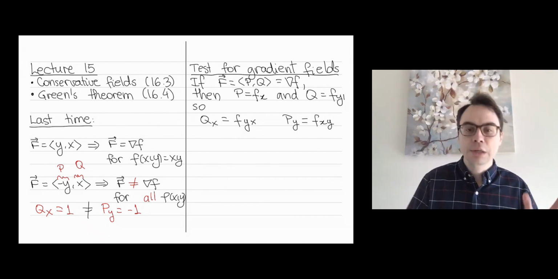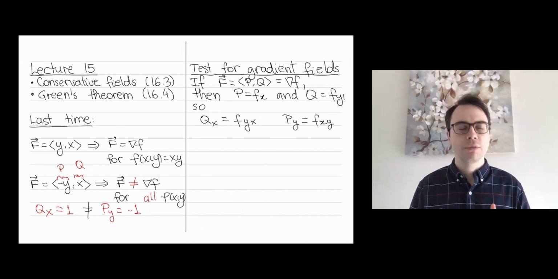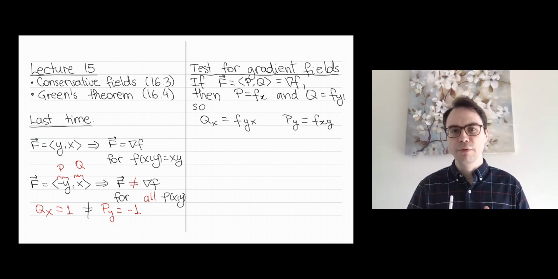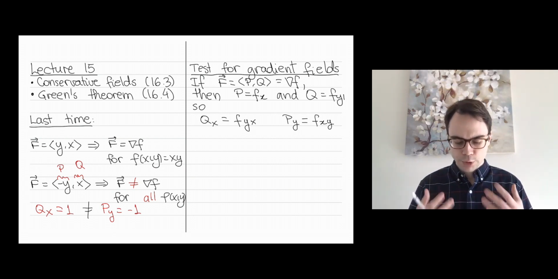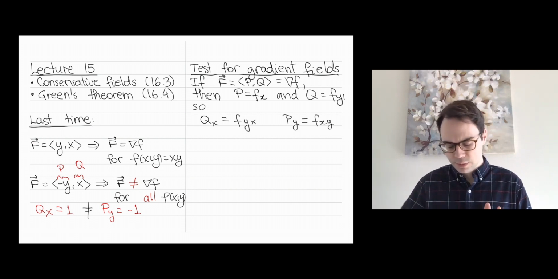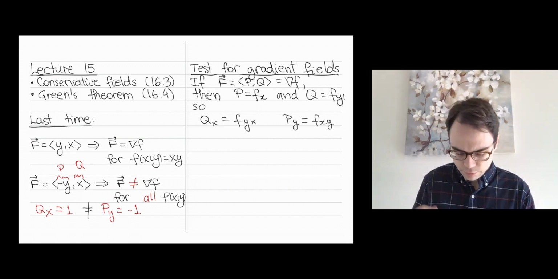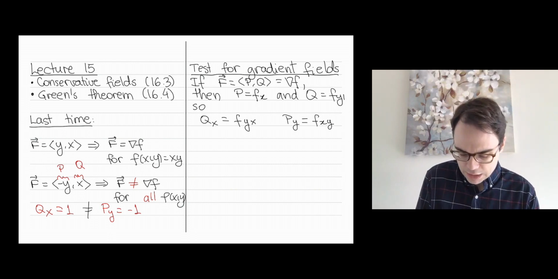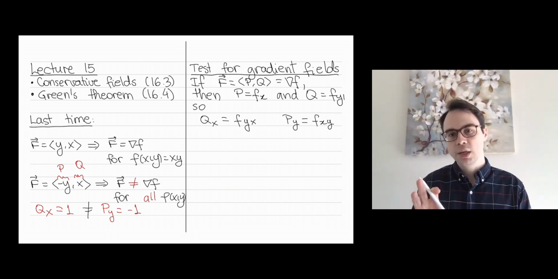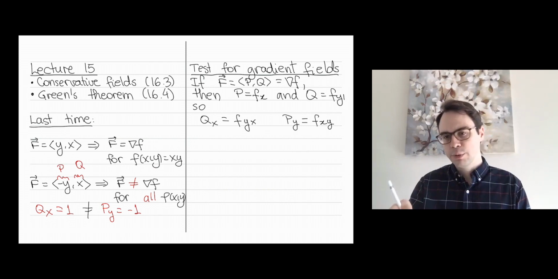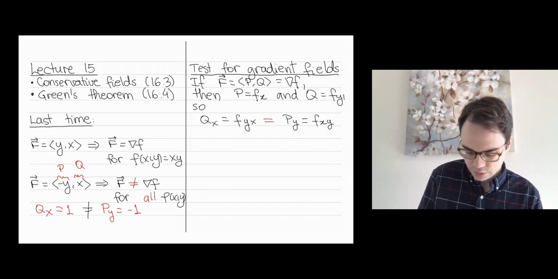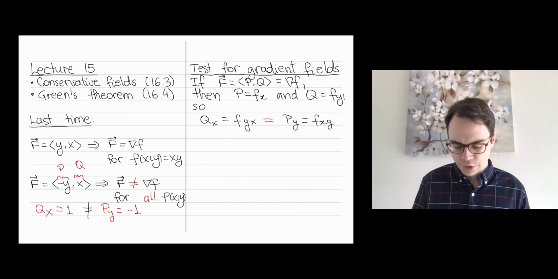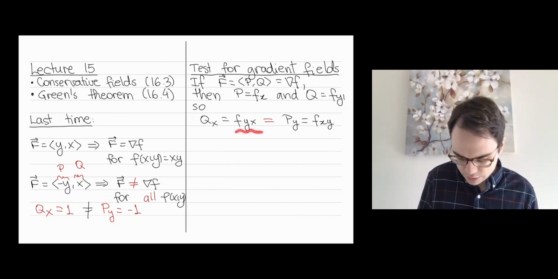And then it turns out that for all ordinary functions, functions whose partial derivatives exist at all points and where these partial derivatives are continuous, if I take partials first with respect to y, then with respect to x, that's the same as taking the partials in the other order. So this equal sign holds for all ordinary functions.